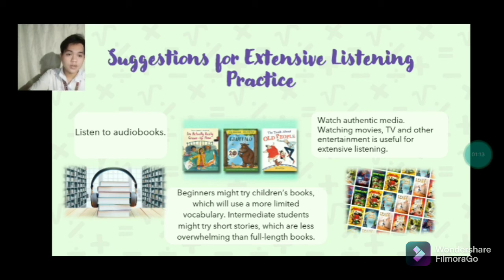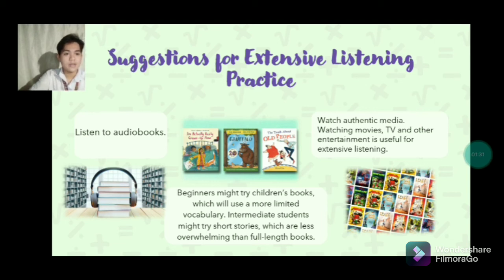So beginners may try children's books, which use a more limited vocabulary. Intermediate students might try short stories, which are less overwhelming than full-length books. Number 2, you can watch authentic media.